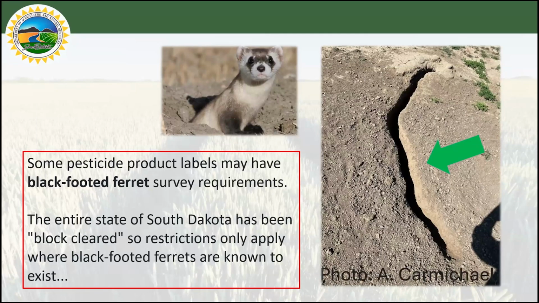So black-footed ferrets, this is a photo right from South Dakota, down on tribal land. This little trench that the black-footed ferret will make right up to the prairie dog mound is an indication that you have looked at black-footed ferret in that prairie dog town.